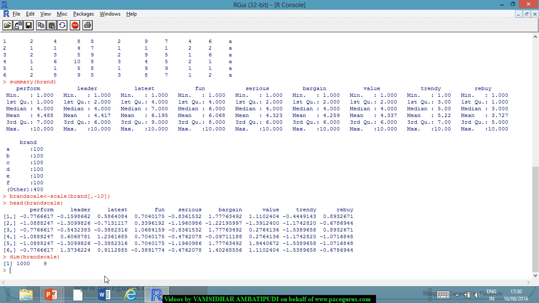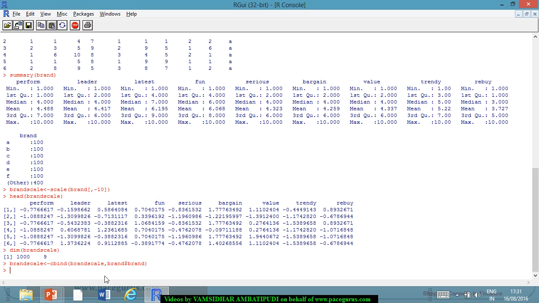So what I can do is bind to this. Let me do a cbind where I take the original brand scale, but to it I also add brand$brand. I'll add the brand column from the brand data frame so that I have a capture of the variables.